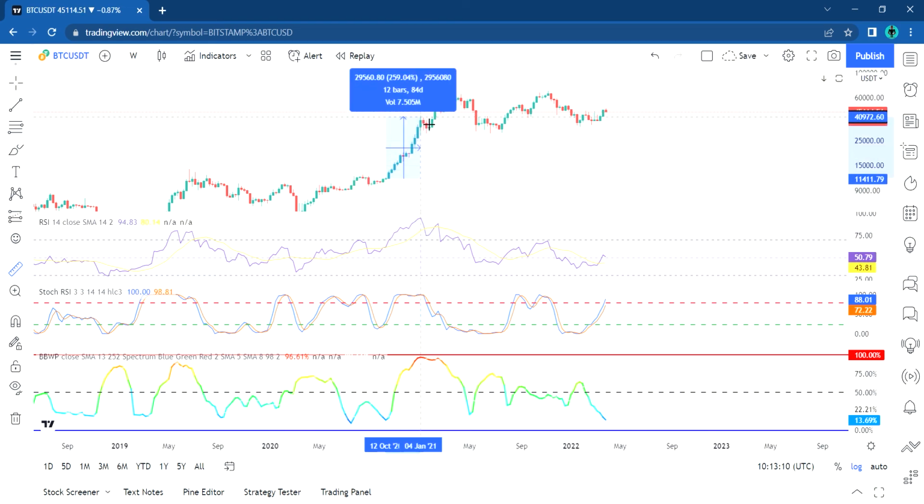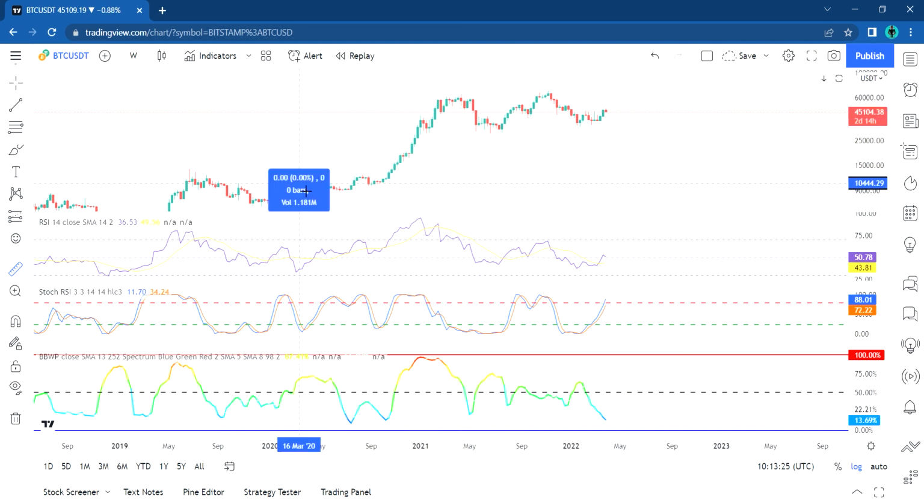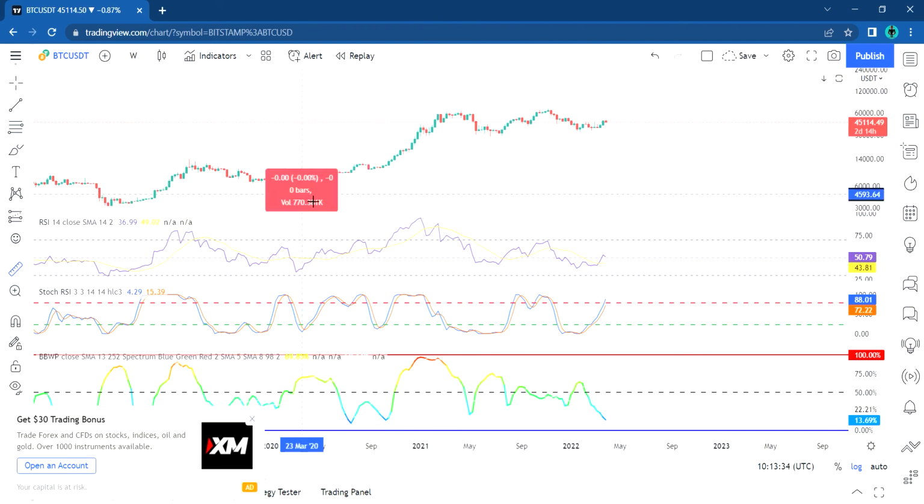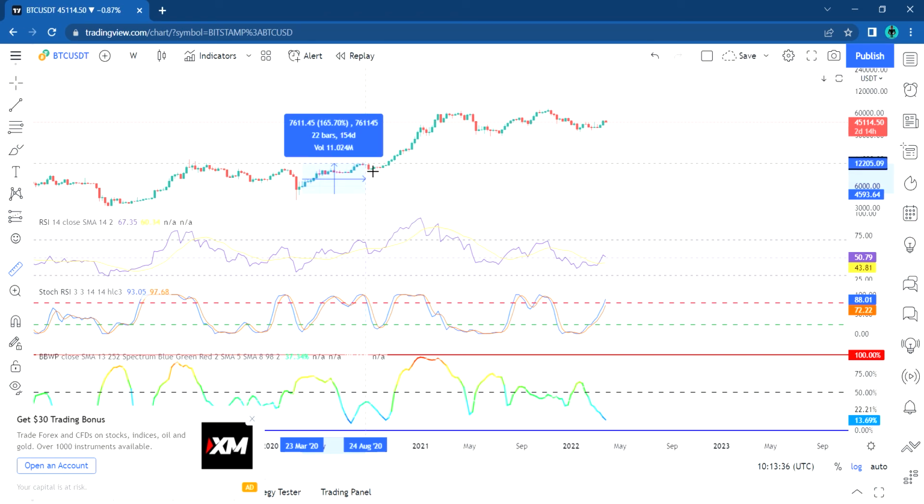In only 84 days, we had a bigger move than here. 84 days, we had 270%, whereas here, when the volatility was coming down, it took almost 200 days, twice as long for half the returns. So this is why volatility is very important.